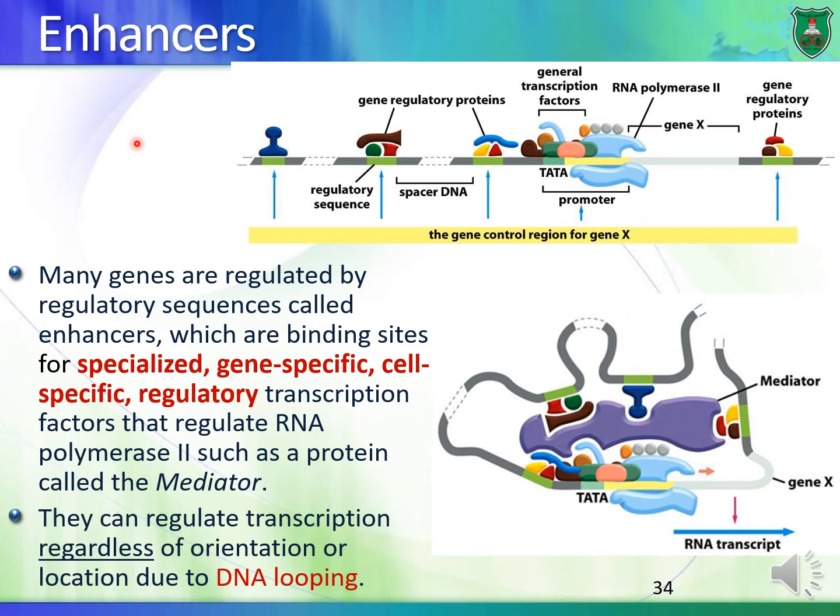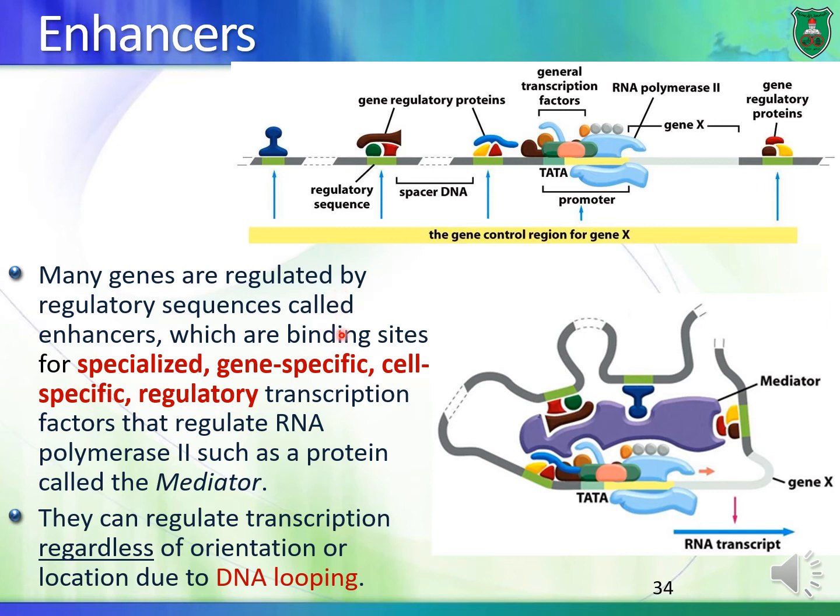Well, not really far away from the gene, but they can be located at a long distance from a gene. Not only that, we can change their position. We can change the position of an enhancer from upstream to downstream, for example. We can flip it, we can invert it, and it can still be functional.